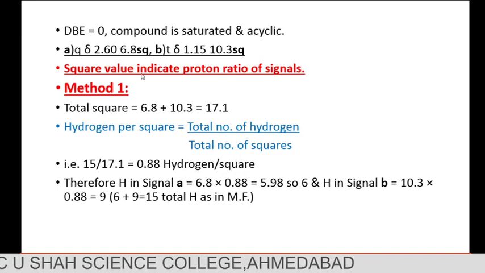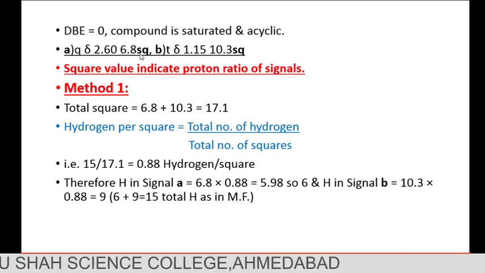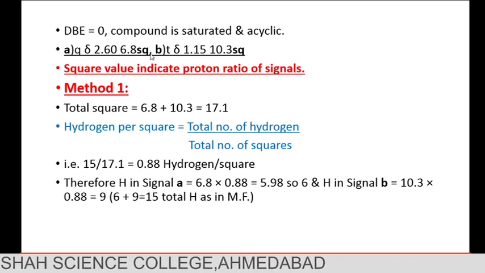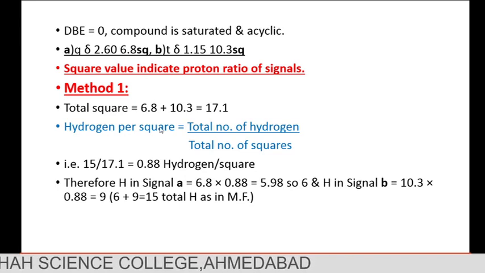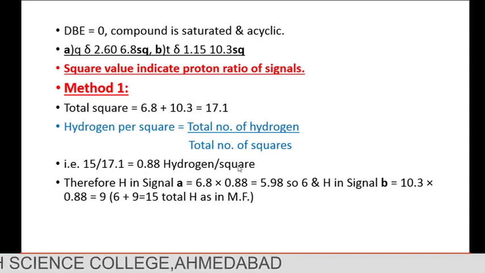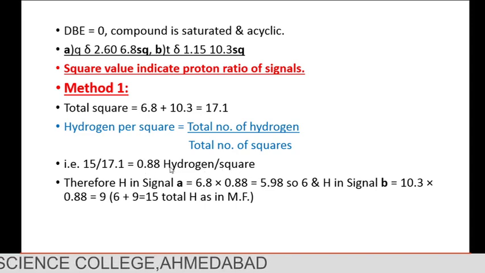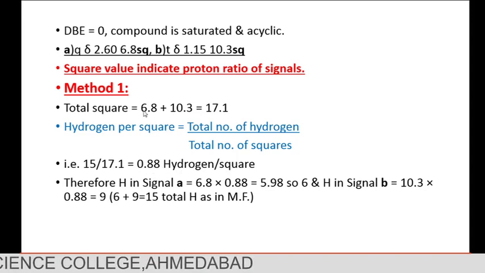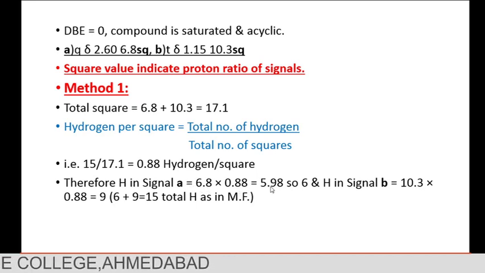Now in the first signal, 6.8 squares, that information was given. So we already knew 0.88 hydrogen per square. So every square has 0.88 hydrogen. So 6.8 squares in signal A must have 6.8 into 0.88, that is 5.98, which is roughly 6 protons.